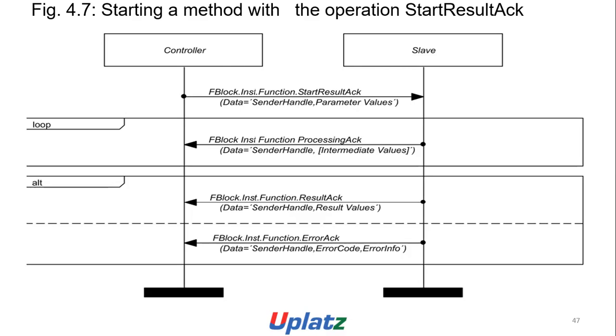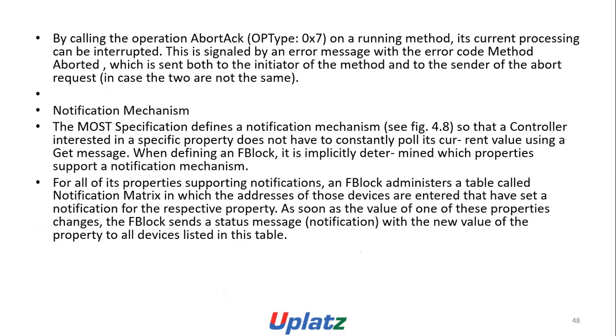By calling the operation abort acknowledge 0x7 on a running method, its current processing can be interrupted. This is signaled by an error message with the error code method aborted, which is sent both to the initiator of the method and to the sender of the abort request, in case the two are not the same.